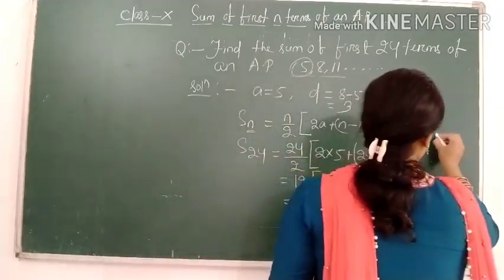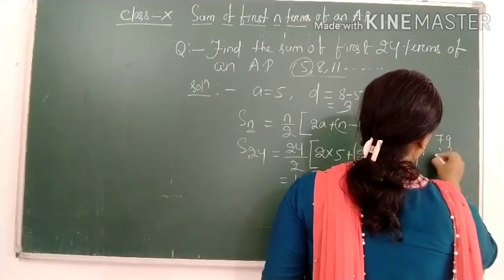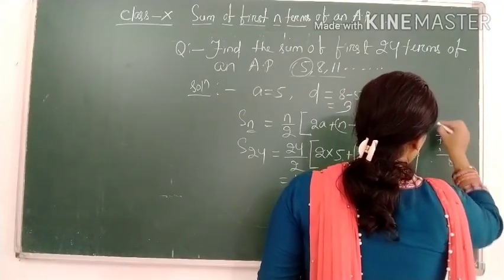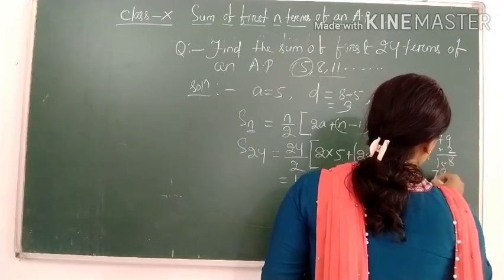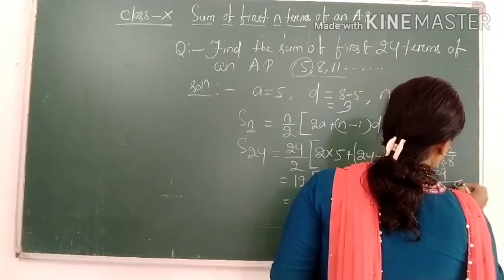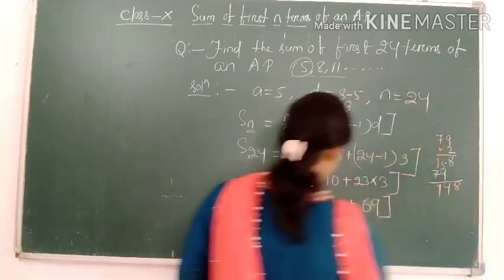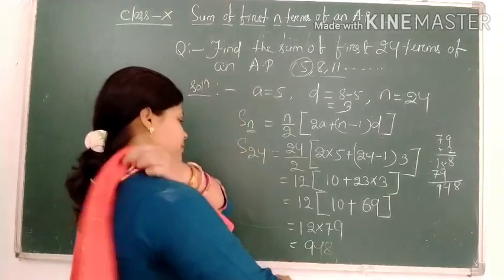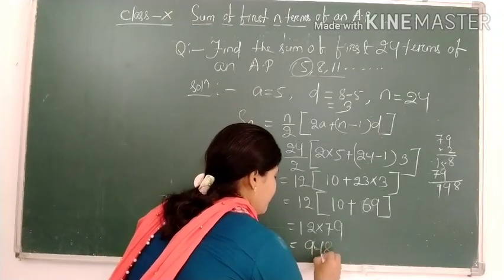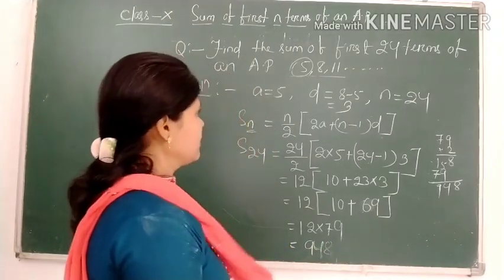So if I multiply 79 with 12, so 9, 4, 8 will come. 948. Okay?